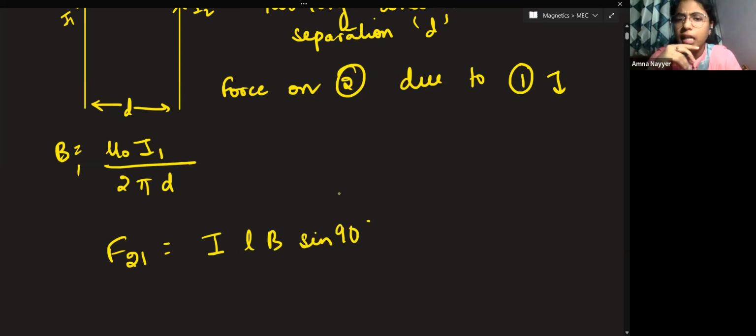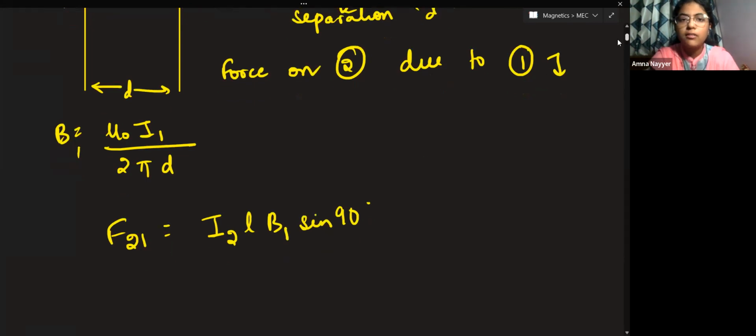Even using your right hand thumb rule, the magnetic field will come out perpendicular. The current is that of the second wire, and both wires have the same length, but the magnetic field is due to the first one. So put the value of the magnetic field in this formula.